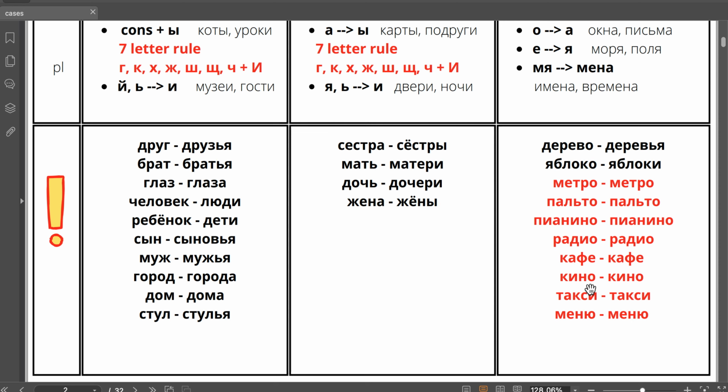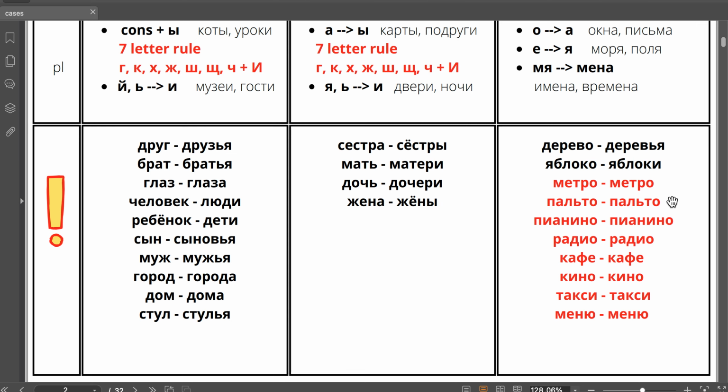It's the same word in Russian. So кино, кино. Next one is такси, много такси. And меню, many menus is still like singular. Меню. So one more time, these red words, they are strong.